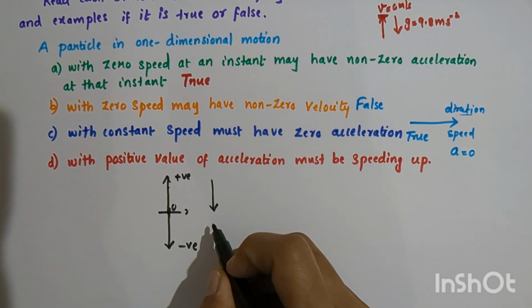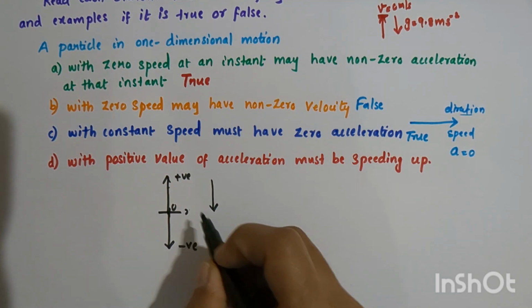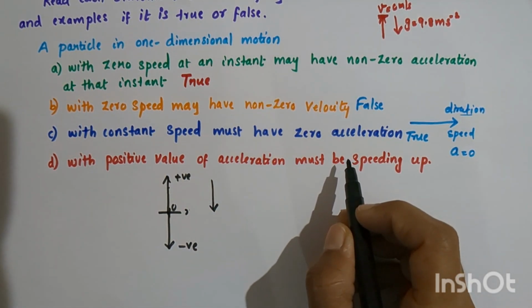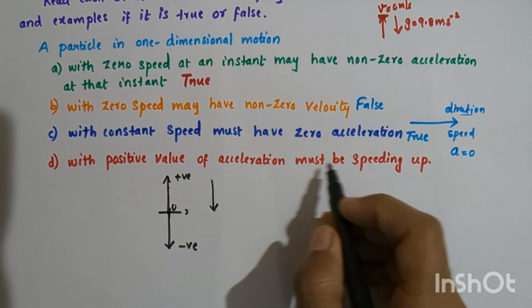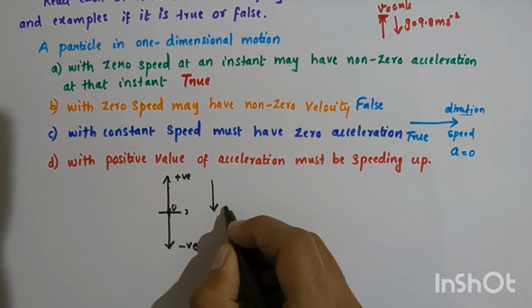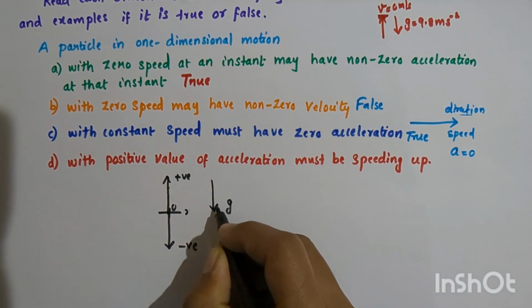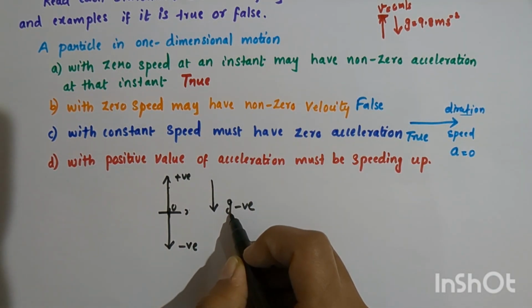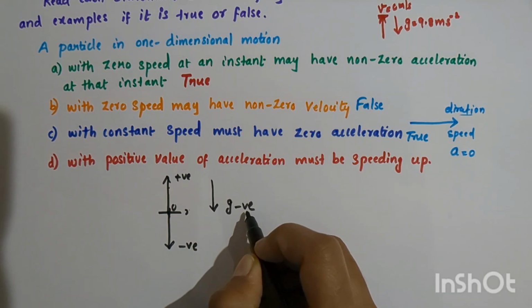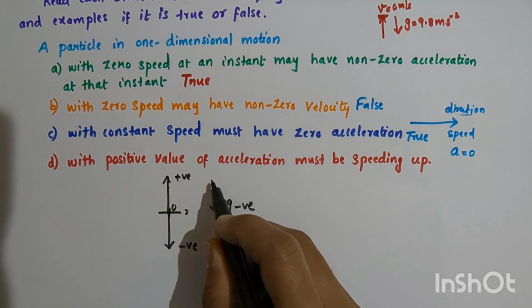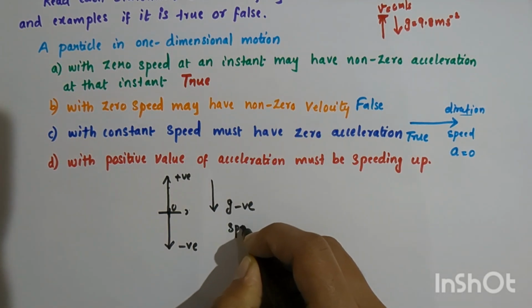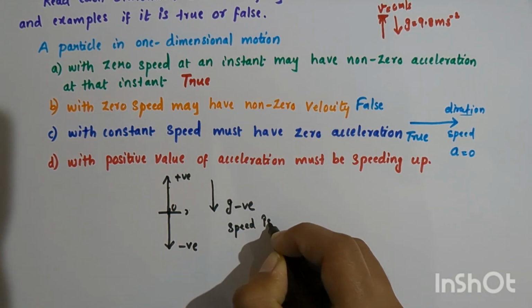So in this case, it is given that a positive value of acceleration must be speeding up. Here, its acceleration will be acceleration due to gravity, which is in the downward direction, so negative. So here the acceleration will be negative, but we know that when this object moves in the vertically downward direction, its speed actually increases.